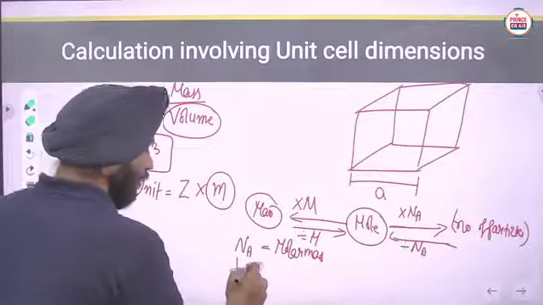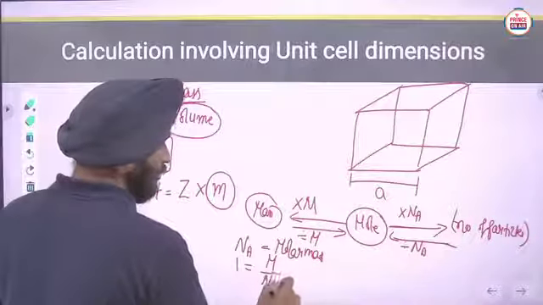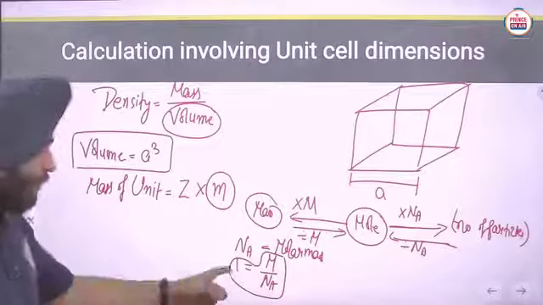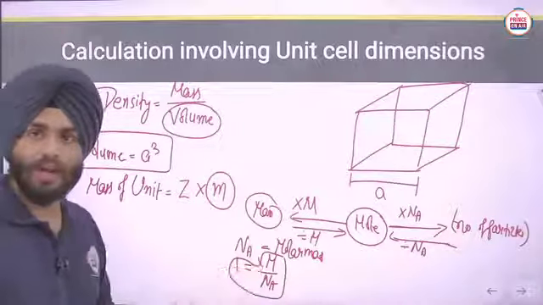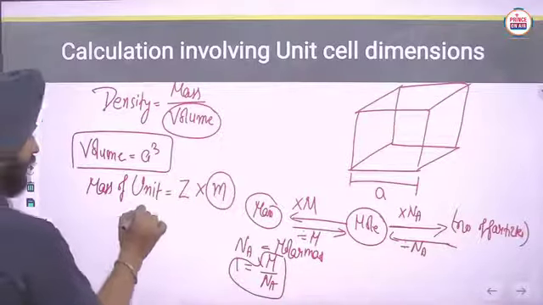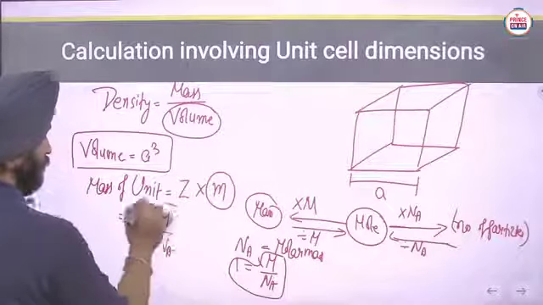For one particle, the mass will be equal to the molar mass upon the Avogadro's constant, which I have discussed in the previous lecture also. So here I can write Z into molar mass upon Avogadro's constant.